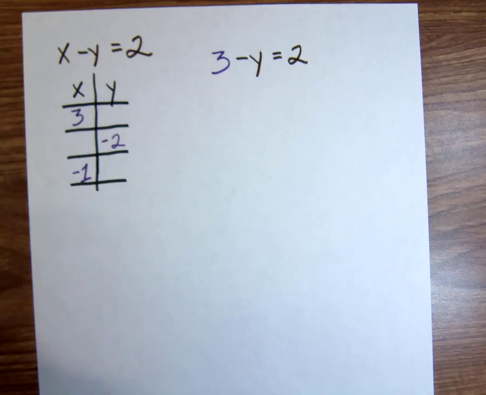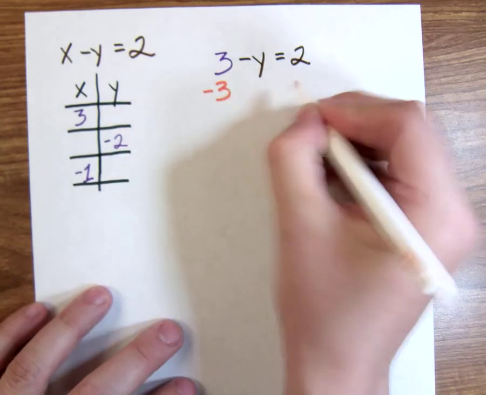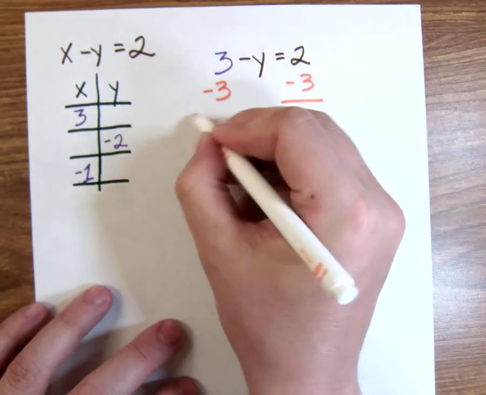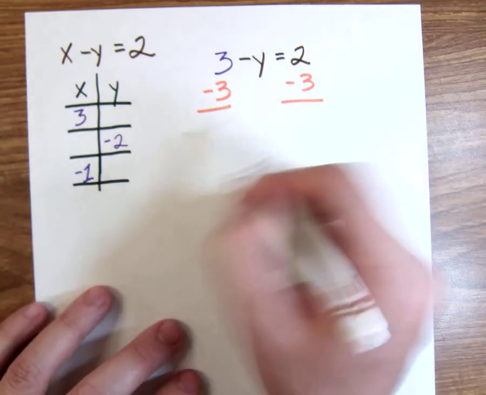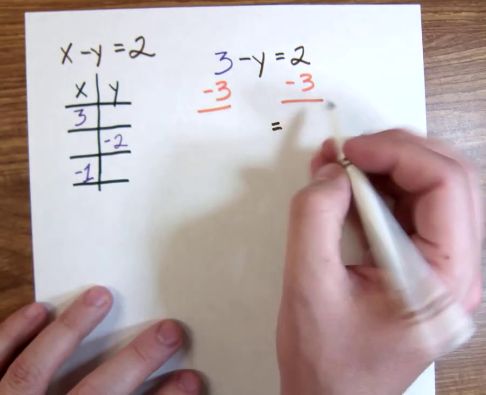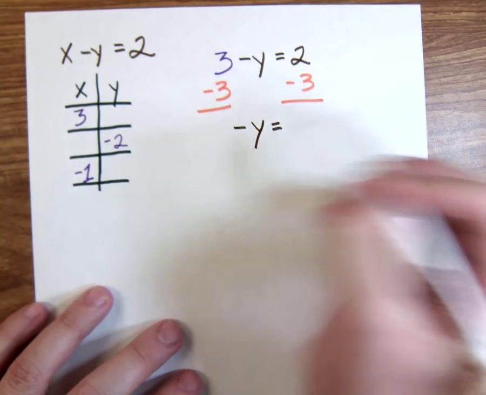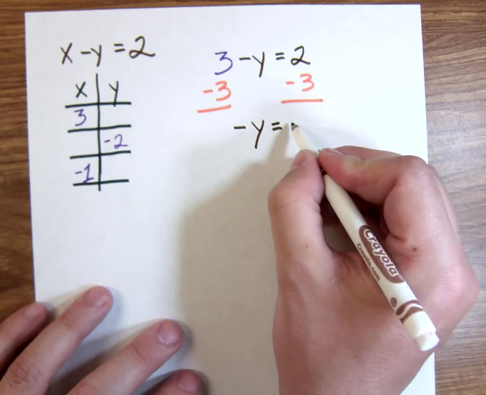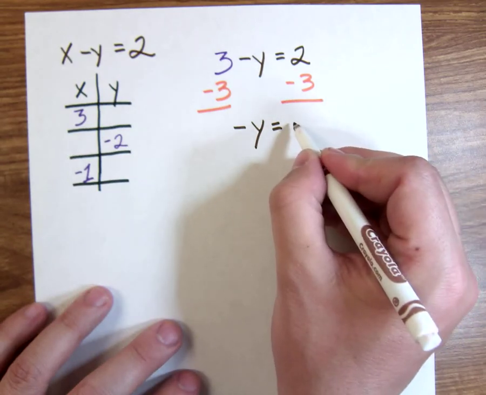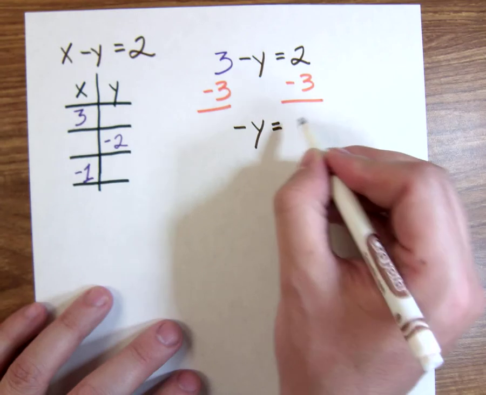Take away the 3. Can't argue with that. What's this going to leave me over on the left side of the equals? A negative Y. Good. Don't forget the negative. And on the right? 1? Are you trying to make me cry? -1. Very good.